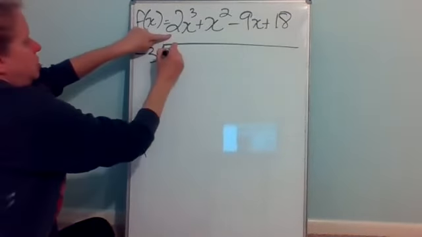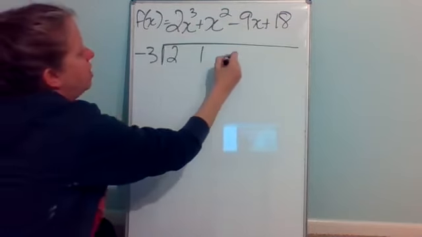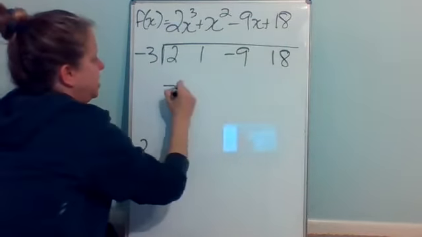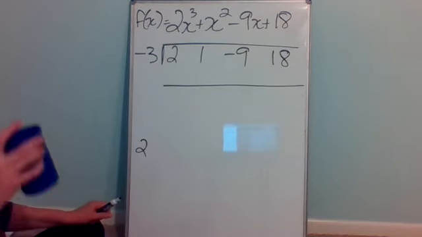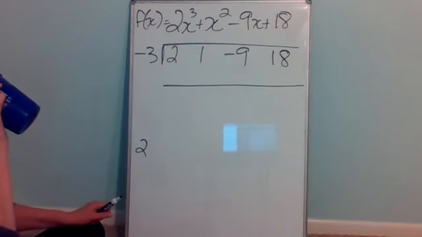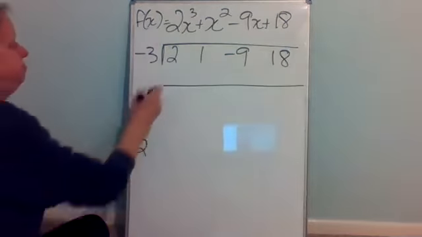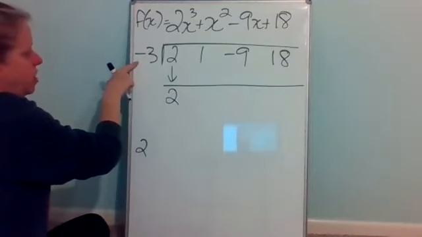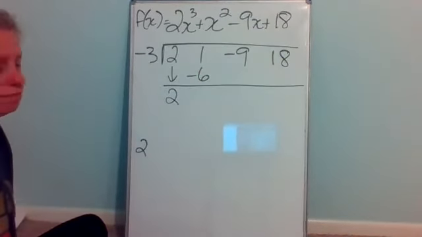Using the coefficients. So 2 in front of x cubed, there's a 1 in front of x squared, a -9 in front of x, and your constant is 18. Dropping this down, so just bringing down my 2. -3 times 2 gives me -6.